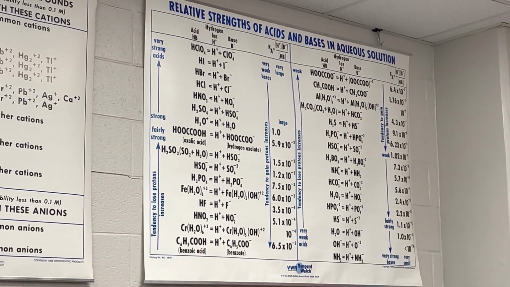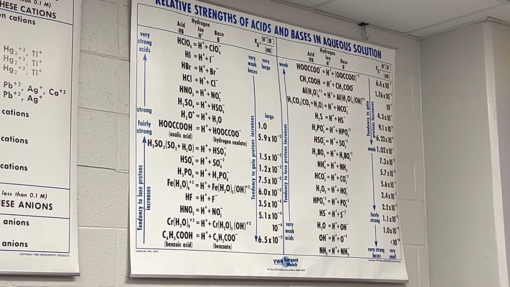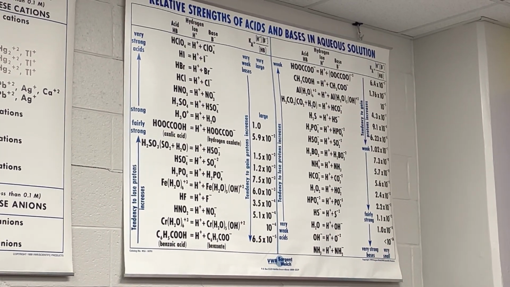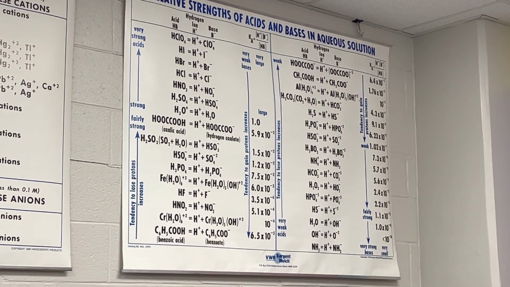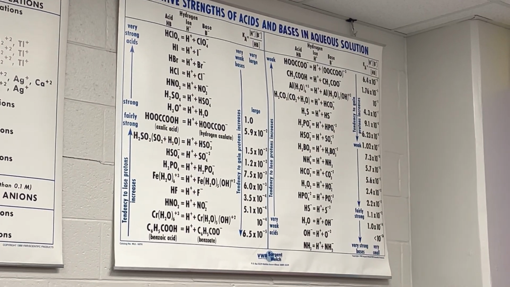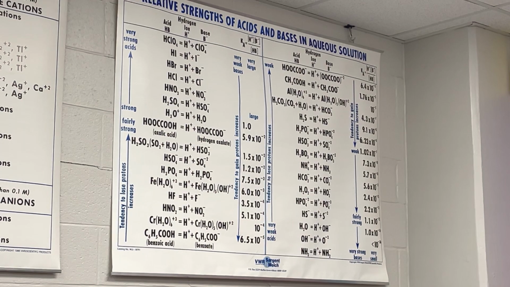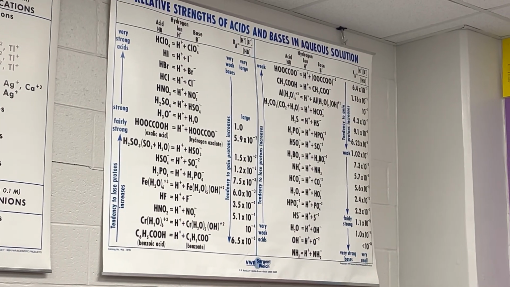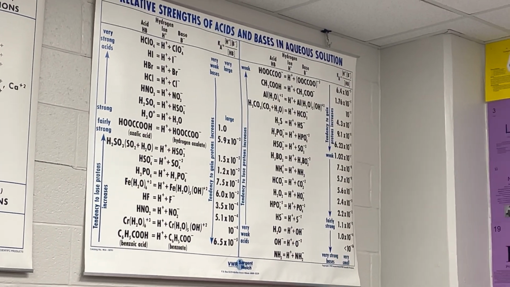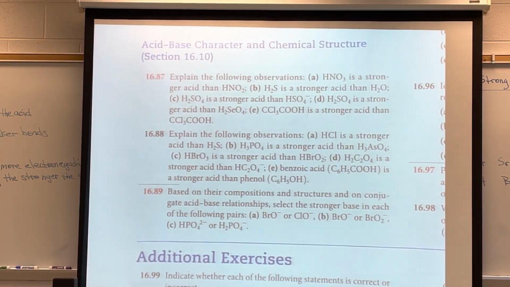Then you come all the way down here to HPO4, losing the third hydrogen, and it's 2.2 times 10 to the minus 13. It's always harder to remove successive electrons because you're taking something positive away from something that's becoming more and more negative. Okay? So when you have di and triprotic acids, the second hydrogen is always harder to remove than the first.